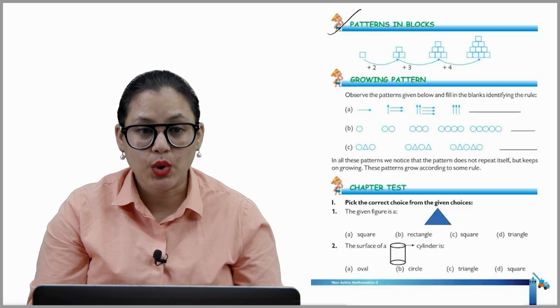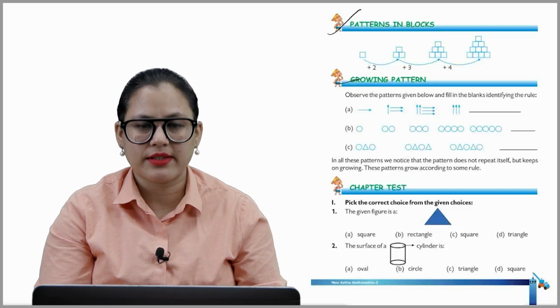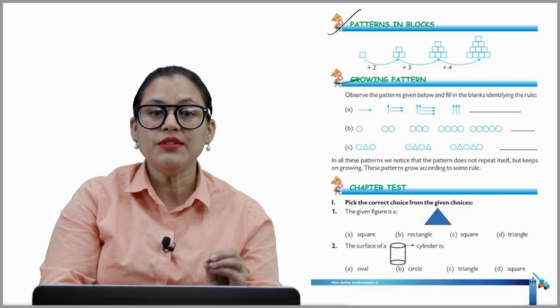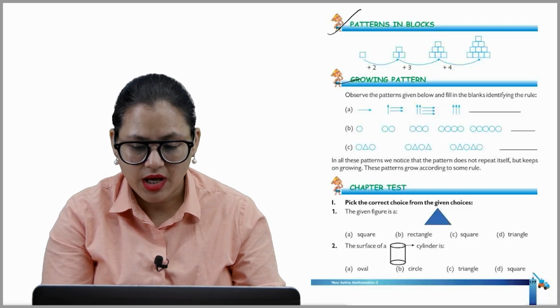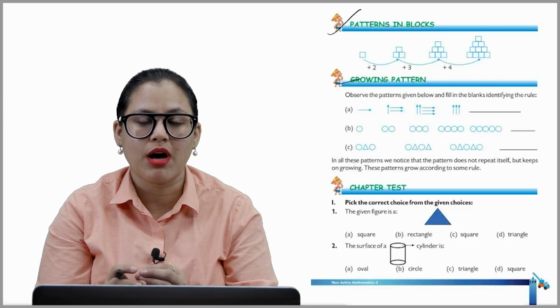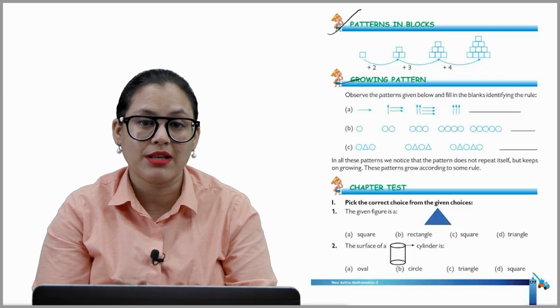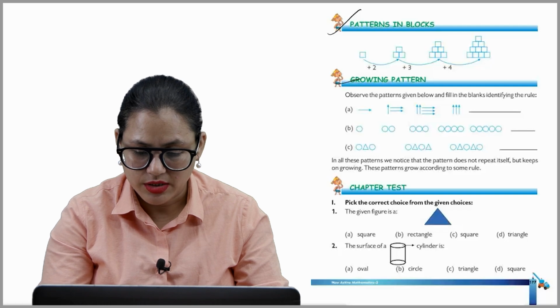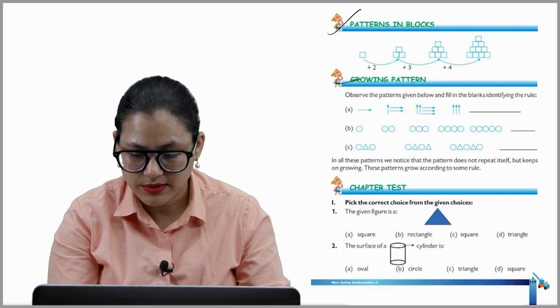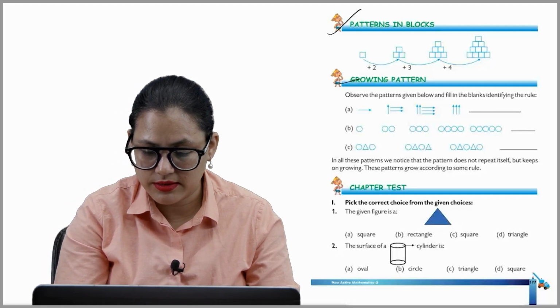Next, growing pattern. Observe the patterns given below and fill in the blanks identifying the rule. See how these arrows are growing, or how these patterns are growing. 1, 2, 3. Now what will you get? And see vertical arrows.